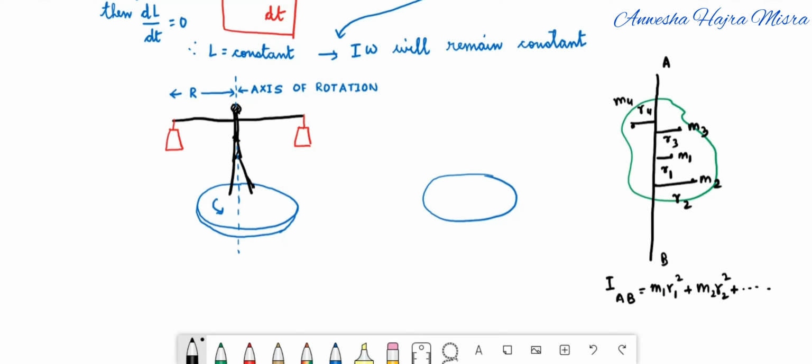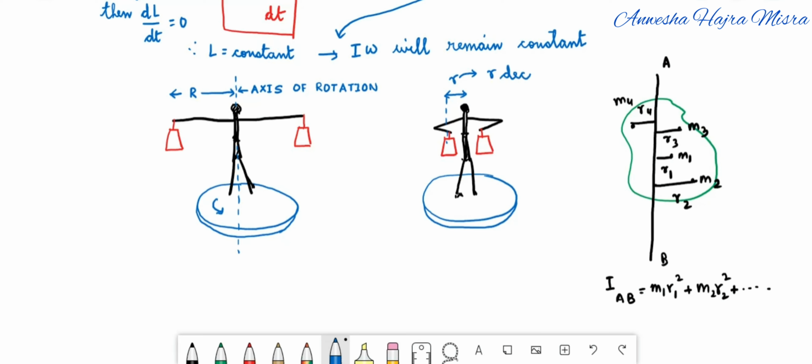Now here what happens, when this man pulls his hands inside, the distance of the heavy weights from the axis decreases.